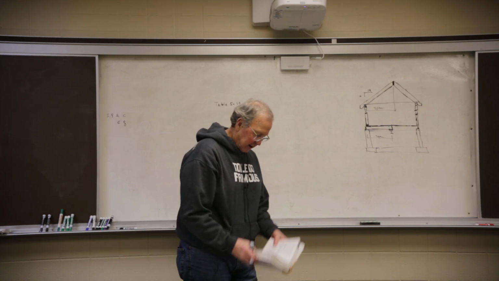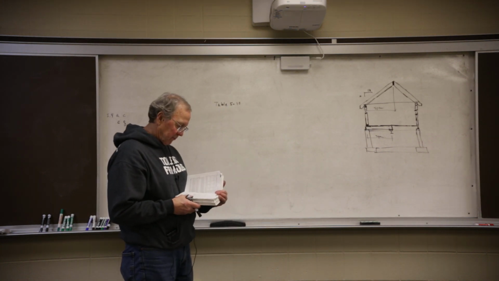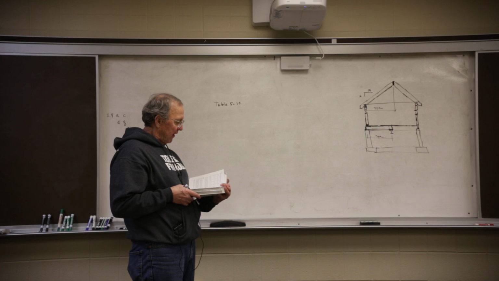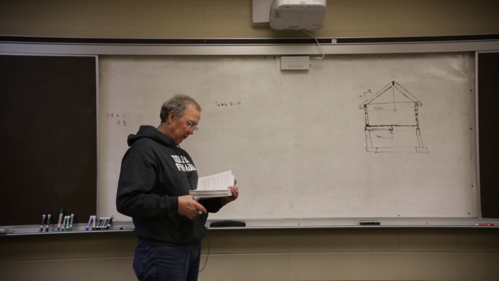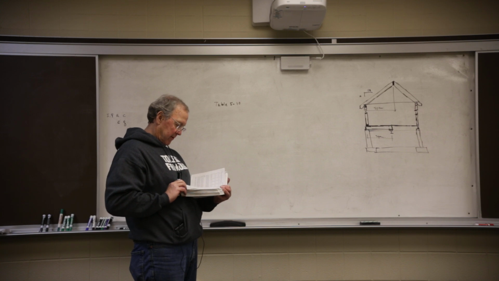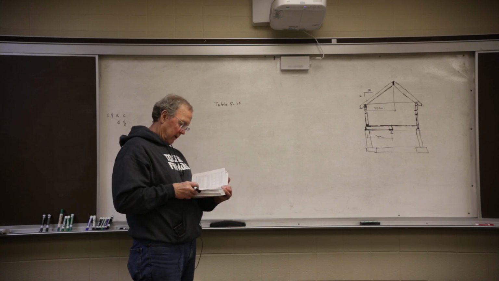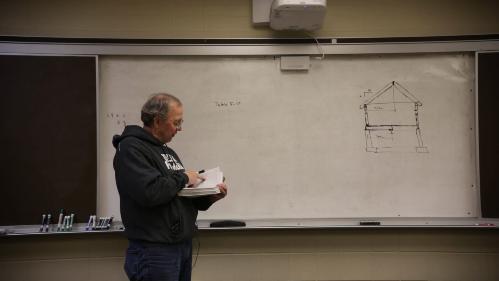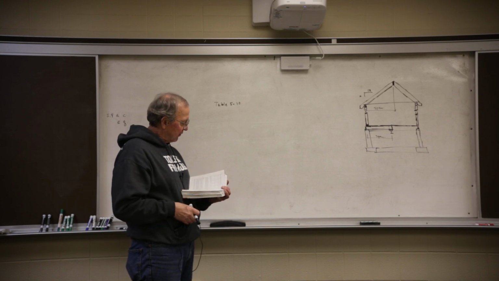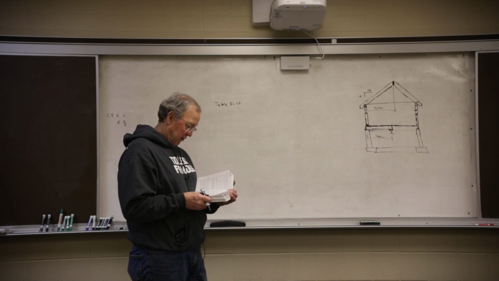So let's look at the problem. I'm on the bottom of page 225. The tables were developed, if you read underneath them, for Doug Larch number 2. It says the live load and dead load. It says they're also designed for L over 360. That's what I told you was code.